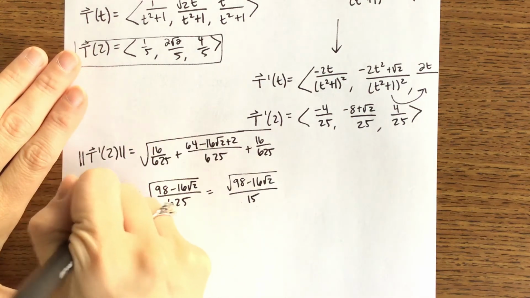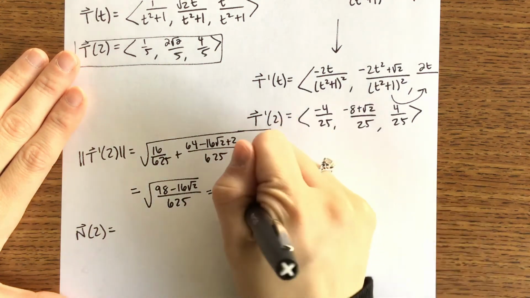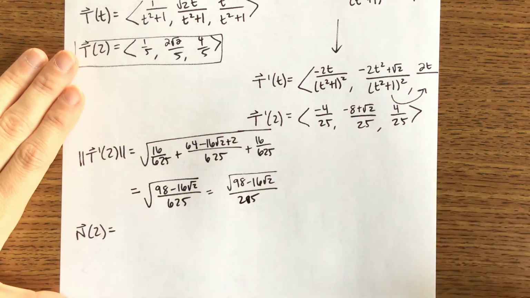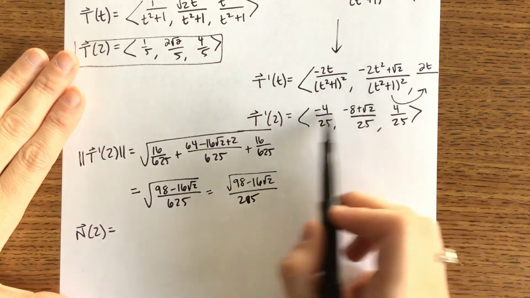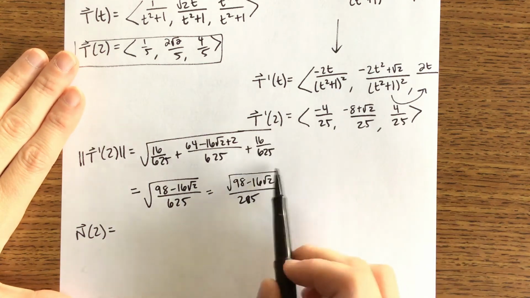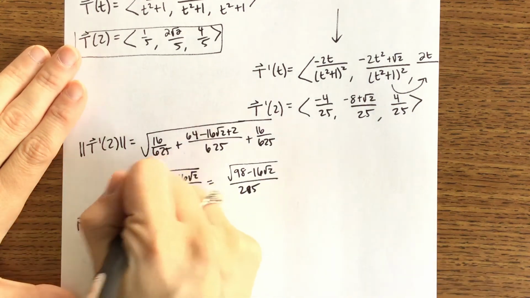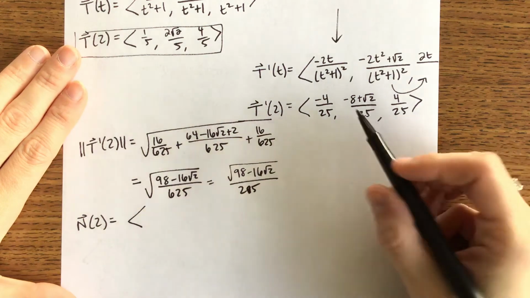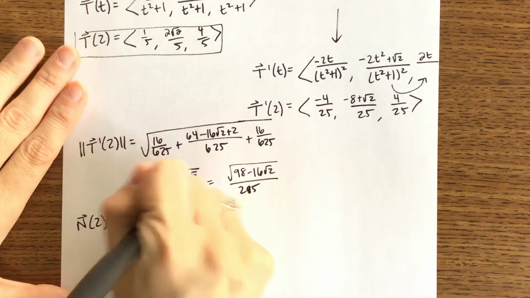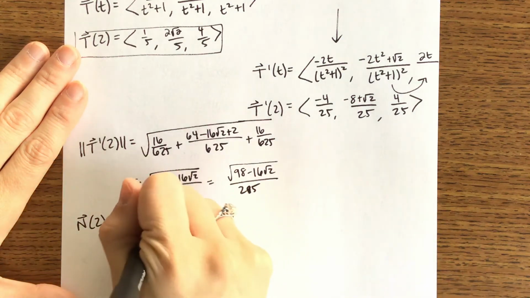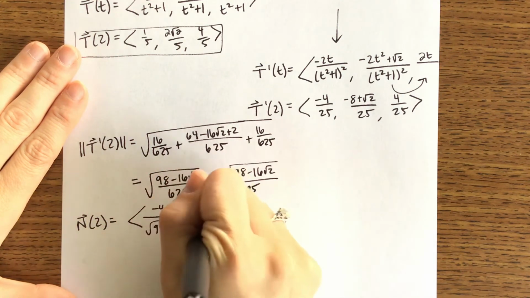So our unit normal vector then at 2. Shouldn't that be 25, isn't it? Yes, thank you. 25. Unit normal vector will be this vector divided by this magnitude. So you see that the 25s are going to cancel each time. So we get negative 4 divided by the square root of 98 minus 16 root 2.